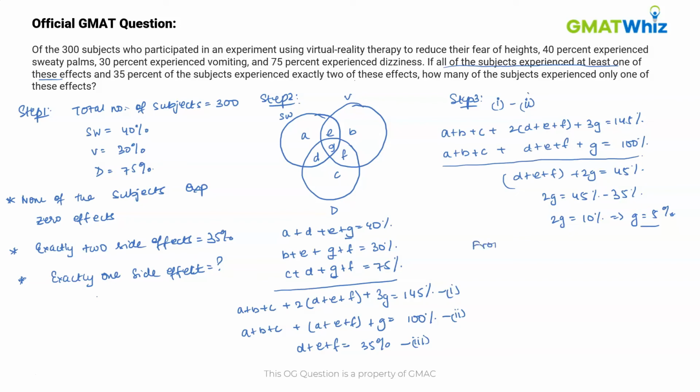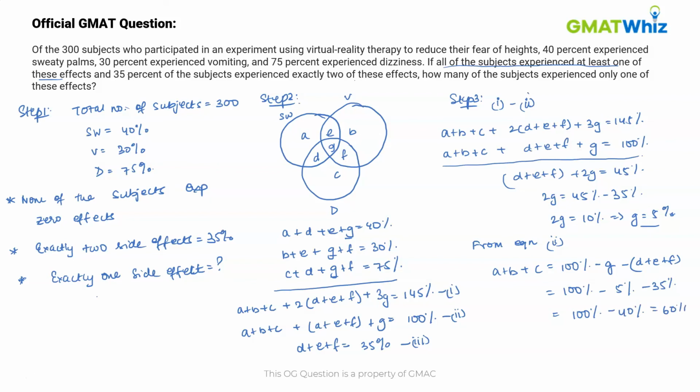Therefore, from equation 2, we have A plus B plus C equals 100% minus G minus (D plus E plus F). Now, this gives us 100% minus 5% minus 35%, which is equal to 100% minus 40%, which equals 60%.